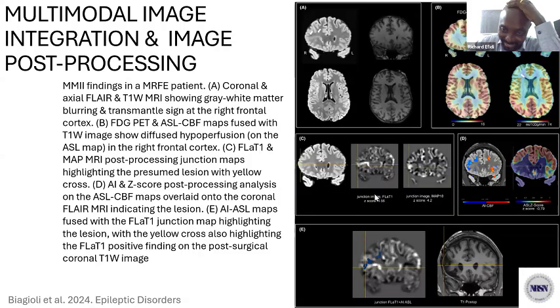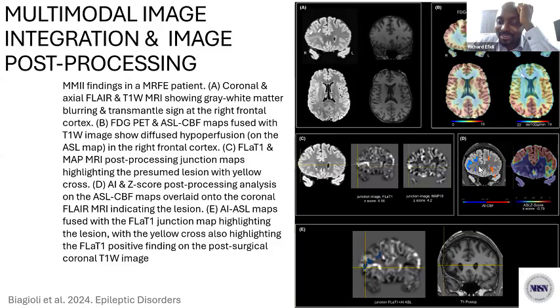It's an advanced post-processing algorithm called FLAIR1. And this was able to accentuate or highlight the focal cortical dysplasia and localize it to the right frontal lobe. Using this yellow cross, we were able to pinpoint the location of the epileptogenic focus.